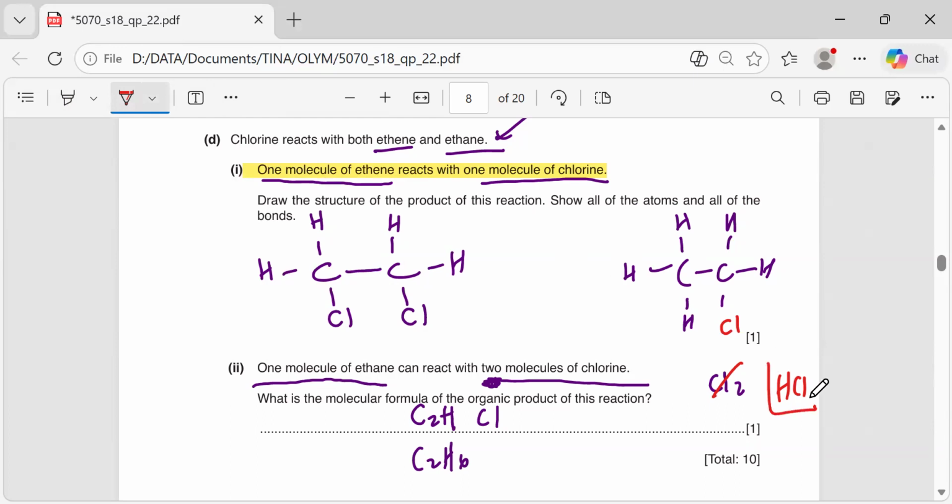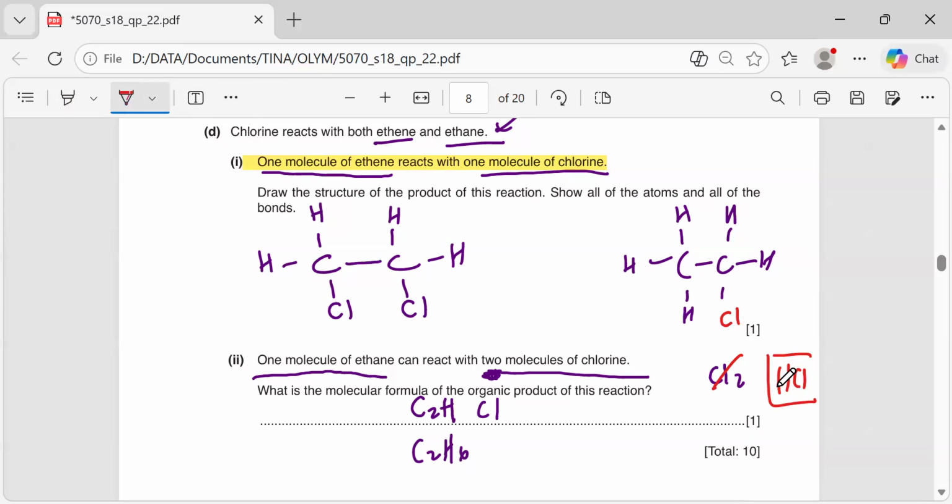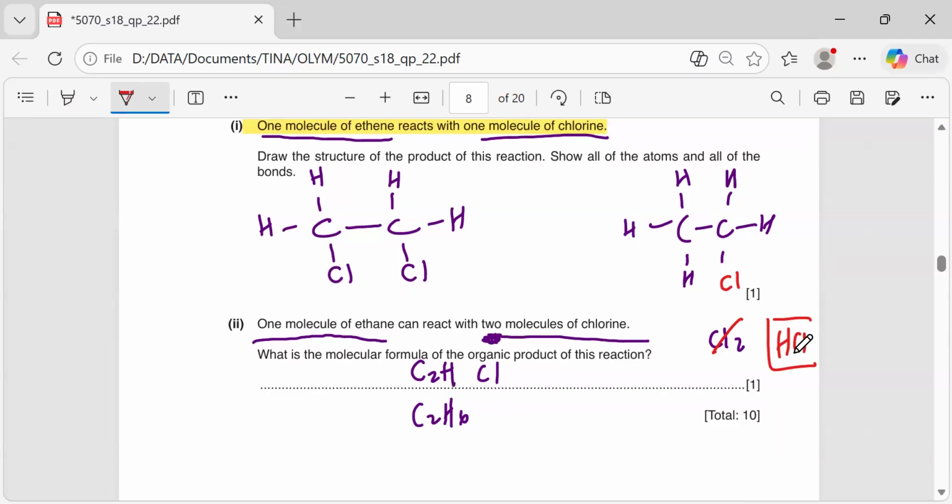Now, after that, can this react some more? No, cannot. Remember, it can only react with Cl2. It cannot react with HCl. That means after the swap, it stops reacting. So then the second Cl2 comes, and you swap again to form HCl, and this one changes to Cl.